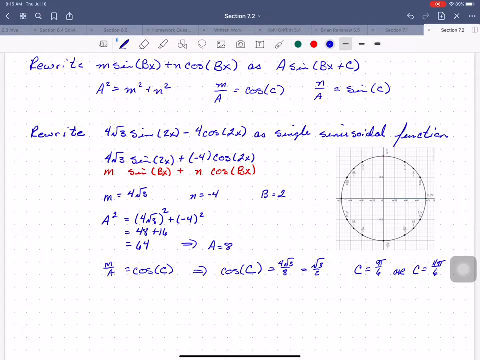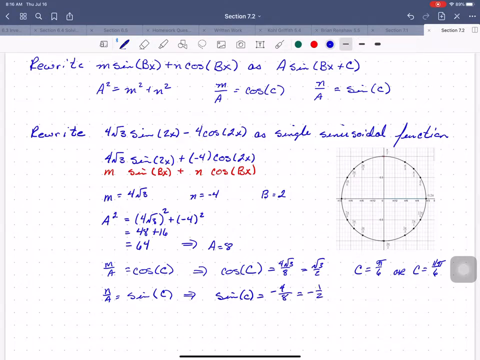How do I know which one is right? Well, that comes from my n, because I know that n over a is equal to the sine of my angle c, which means that my sine needs to be negative 4 over 8, which means -1/2.